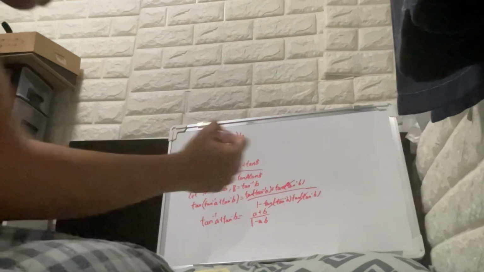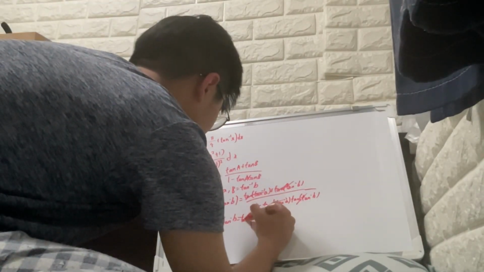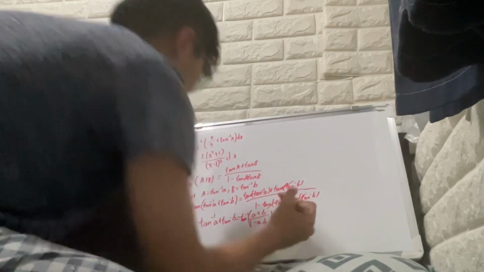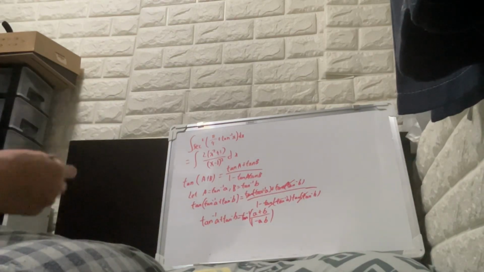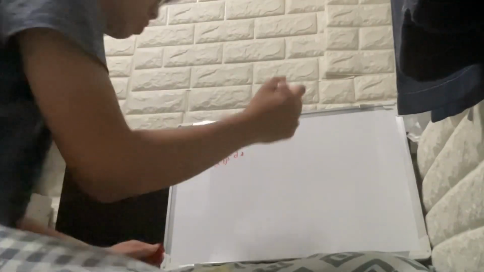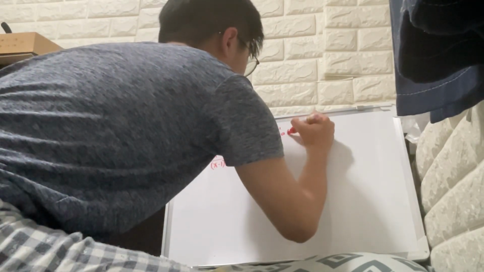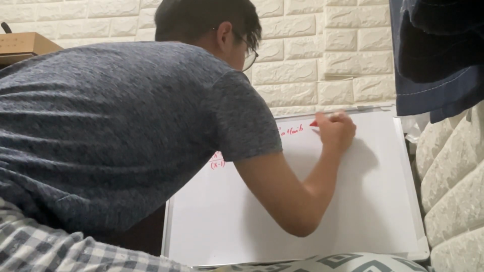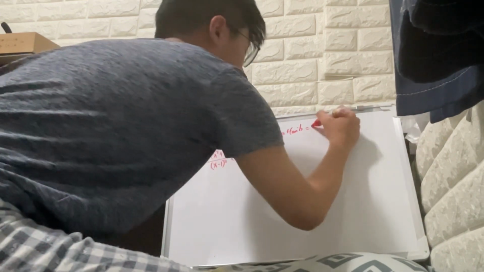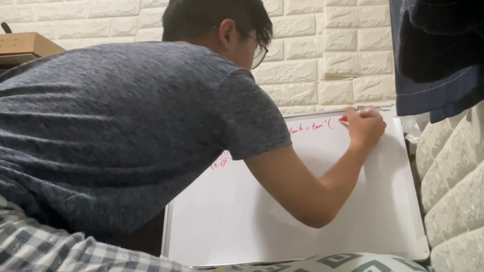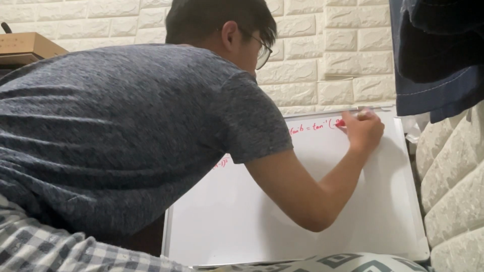This is really cool. So our formula is inverse tangent a plus inverse tangent b equals inverse tangent of a plus b over 1 minus ab, right?